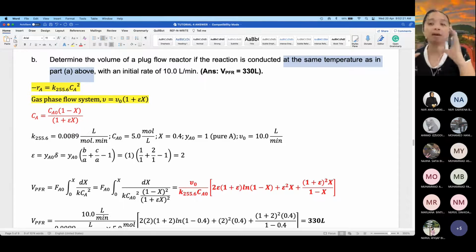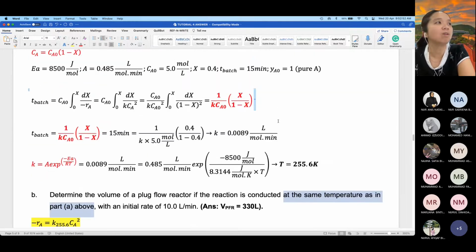When we're talking about temperature, apa kaitannya dengan pengiraan kita? What's the correlation between temperature and our reaction? Okay, kamu dah tahu kan the significant effect of temperature in our formulation is K. Maksudnya kalau sama temperature in part A, we interpret it as we can use the same value of K. So part A tadi kita dah kira, right?